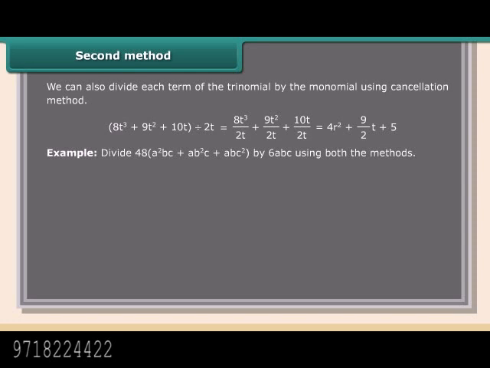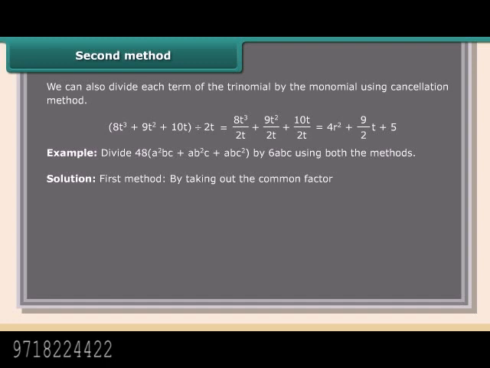Example. Divide 48a squared bc plus ab squared c plus abc squared by 6abc using both the methods. Solution. First method.